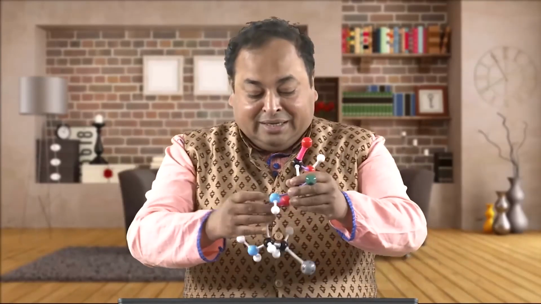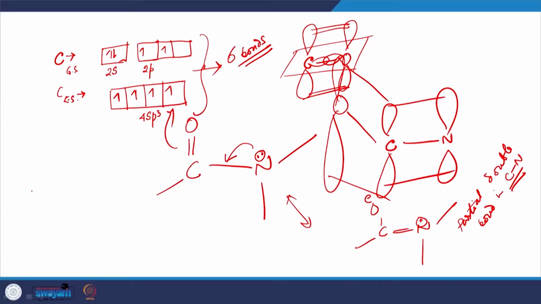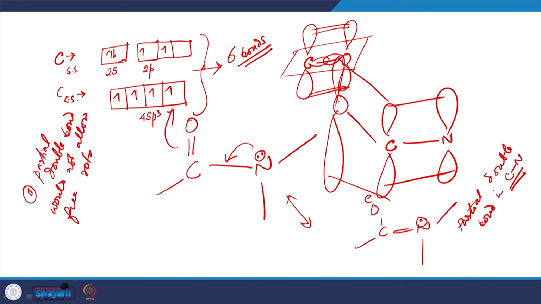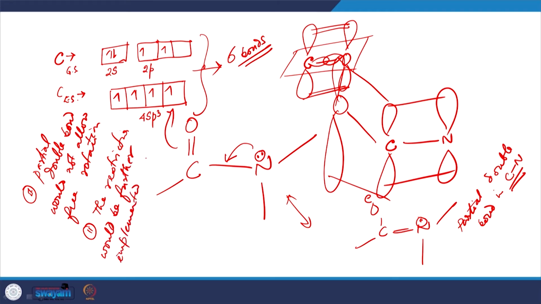So what is apparent here is that, one, the partial double bond would not allow free rotation, and two, the restriction would be further implemented depending on size of amino acid side chain.